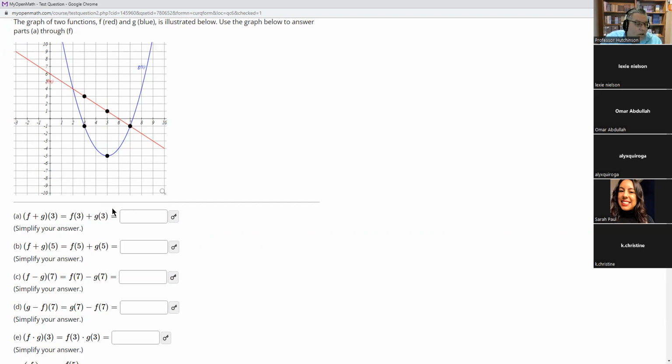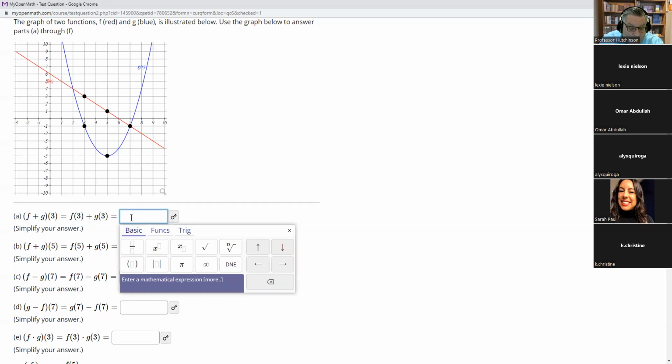So we want to find the y value when x is 3 on the f graph. That is going to be 3. And then g of 3 is going to be at -1.